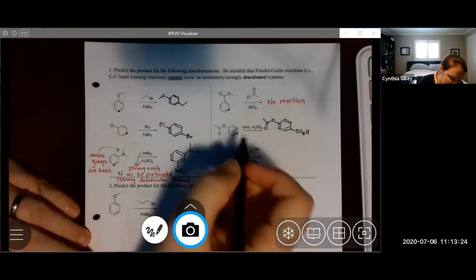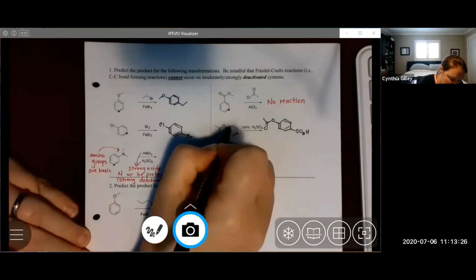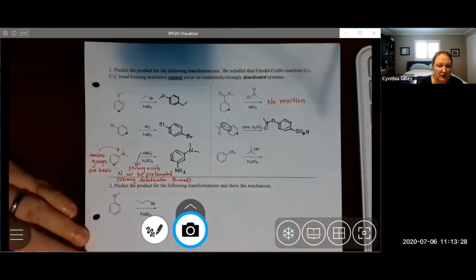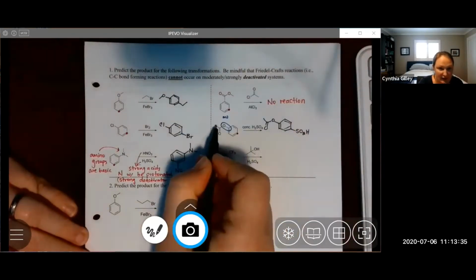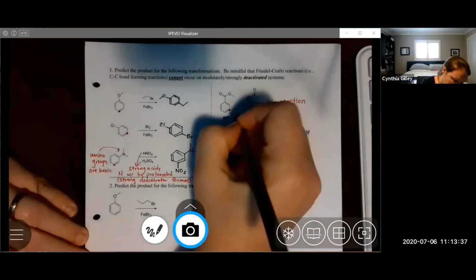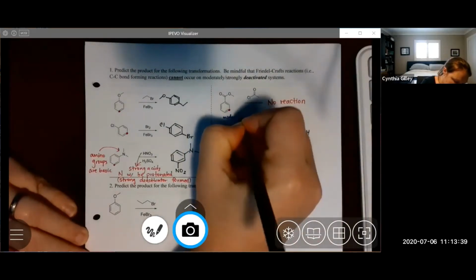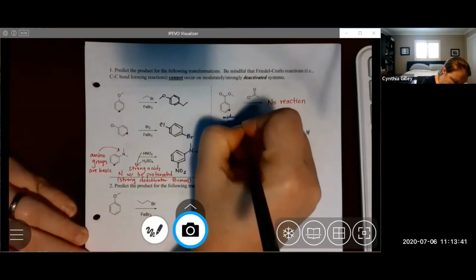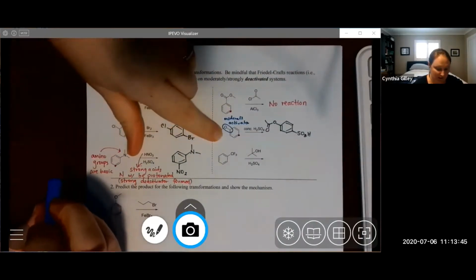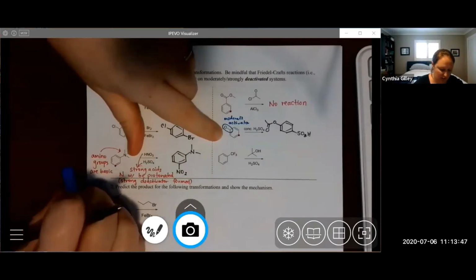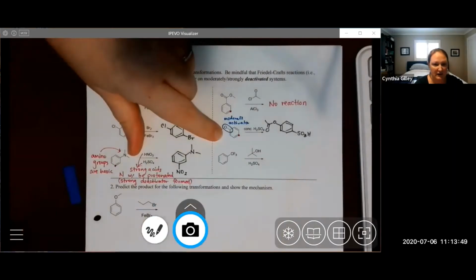Yeah, so the idea is what's directly attached to the ring. When you have the oxygen directly attached, this will be an activator. And it's a moderate activator because it also has the carbonyl. If it did not have the carbonyl, and this was just something else, like an OH group, it would be a strong activator.